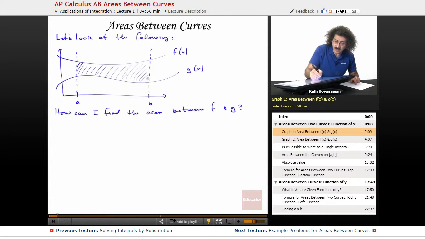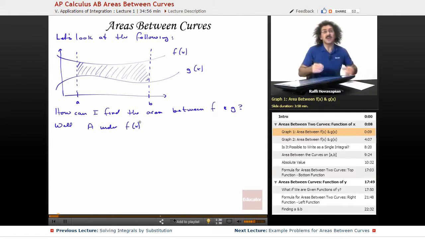Well, it's exactly what you think. The area under f of x is just the integral, as you know, from a to b of f of x dx.